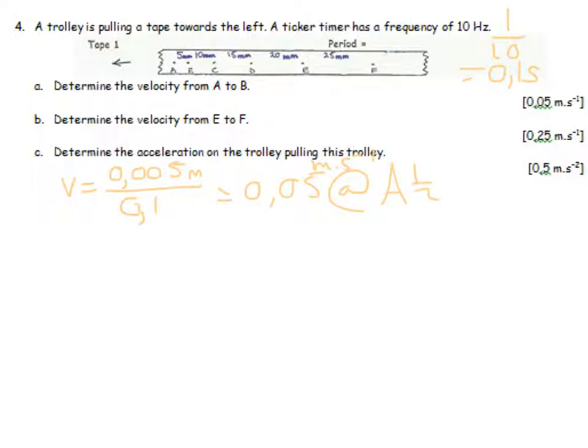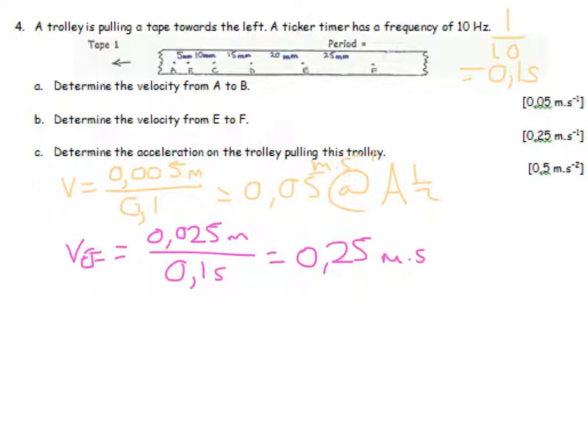The next question, determine the velocity from E to F. The velocity from E to F is going to be 0,025 meters divided by the time for one space, 0,1 seconds, and I get 0,25 meters per second. And where's that true? At E.5.